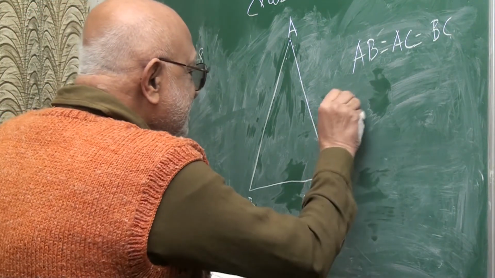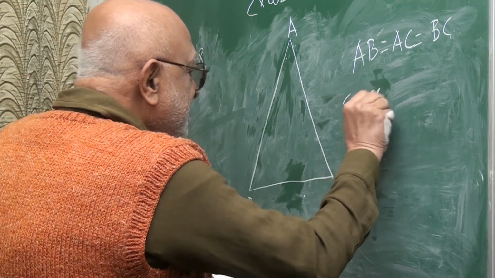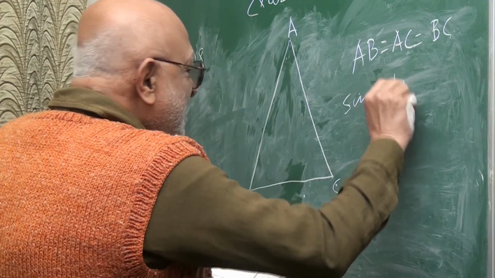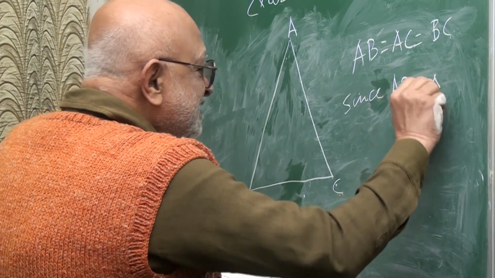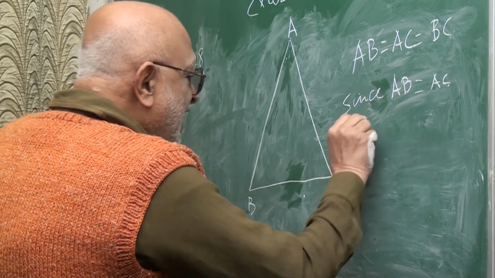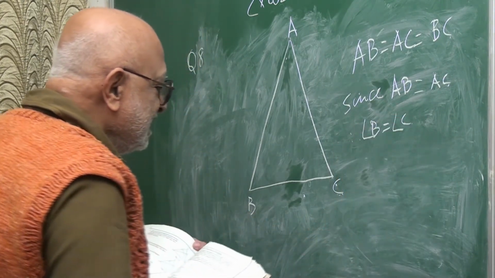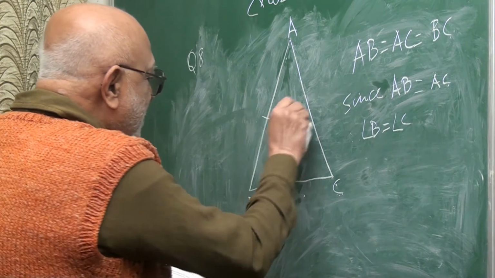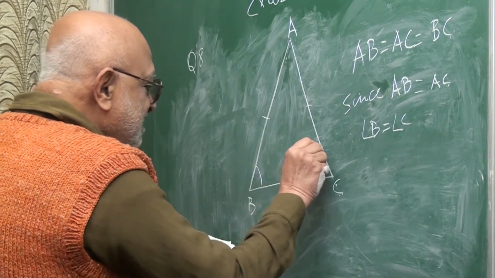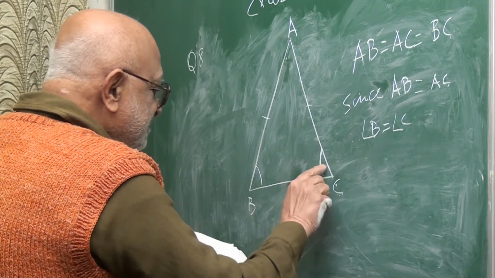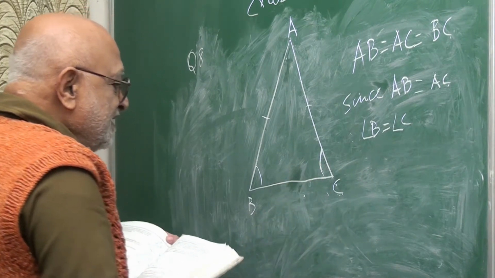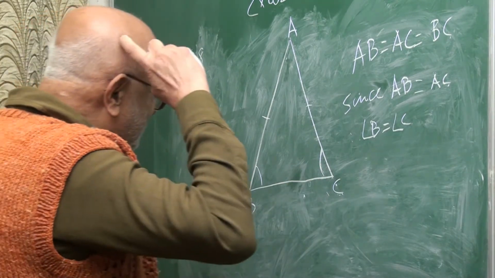Now, since AB equal to AC, therefore angle B would be equal to angle C. This angle and this angle will be the same. Now let's use another thing.